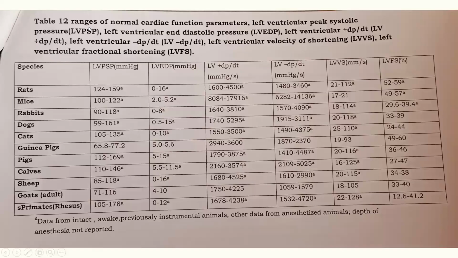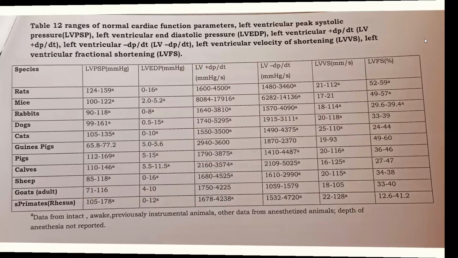Then these are the ranges of normal cardiac function parameters like left ventricular peak systolic pressure, left ventricular end diastolic pressure, left ventricular velocity of shortening, then left ventricular fractional shortening. So if your preclinical studies are related to some cardiovascular parameter, then this data is very much useful for you.